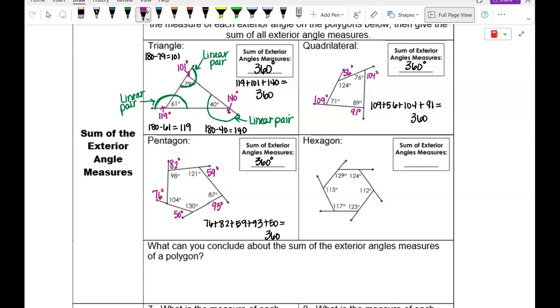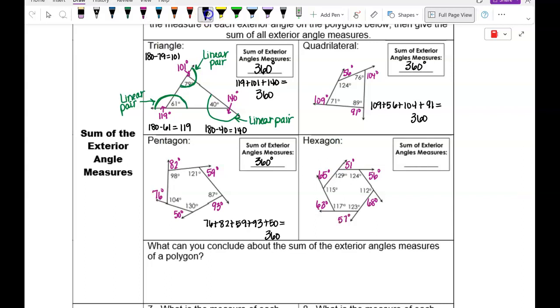And then the hexagon, I'm going to start at the 117. So what would be the supplement to 117? 63. So 115 would be 65 degrees, 129, 51 degrees, 124, 56 degrees, 112, 68, 123, 57.